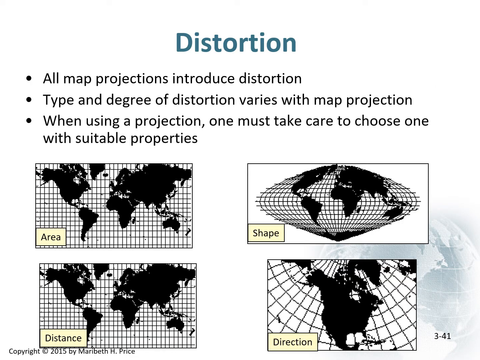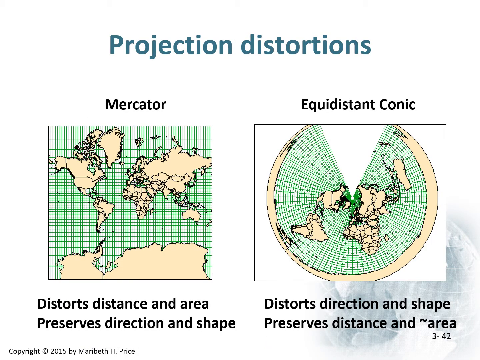All map projections introduce distortion. We talked a great deal about this, but it's important to remember it. There are different types, and the different types distort different things. A good example is the Mercator projection and how it makes Greenland look. It makes this large island look the same size as Africa, and it's actually only 1/17 the size of Africa.